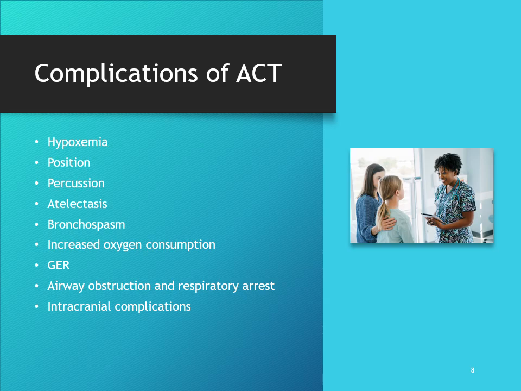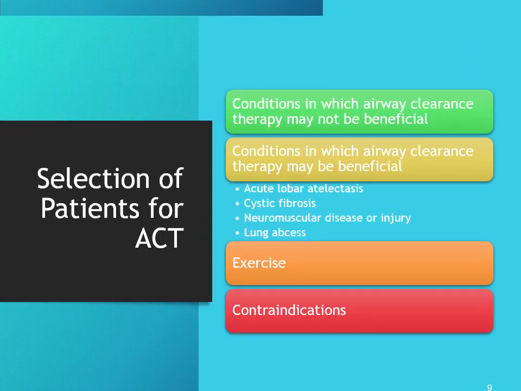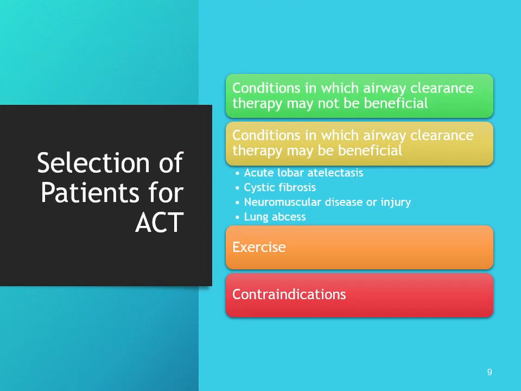So if that's the case, how do we select patients for airway clearance techniques if we have to be careful of some of these complications of doing this? Some conditions where airway clearance techniques may not be beneficial include asthma. With asthma, the first concern should be getting the airway open, not getting the secretions out.